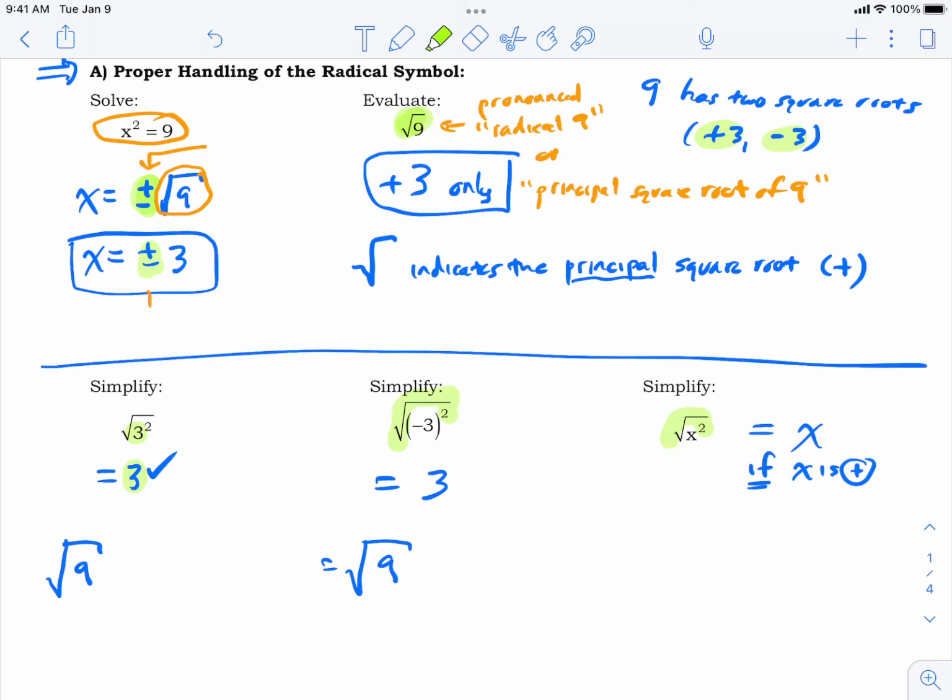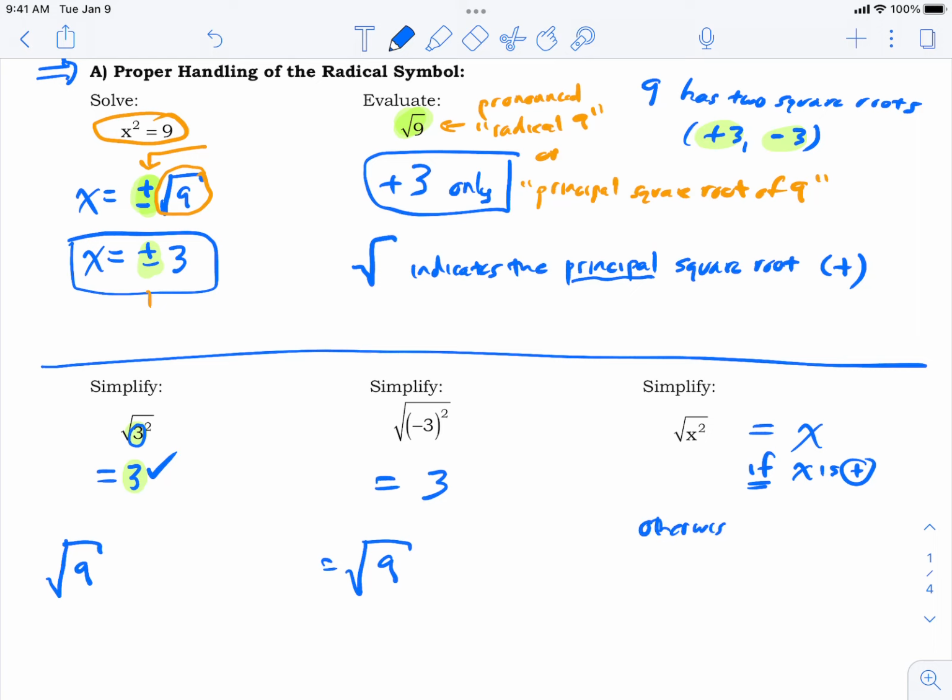So what are we supposed to make of this then? Well, like I was saying, if we happen to know for sure that x is positive, like a +3, then it works. So you'd have to say that if x is positive, then it works. Well, what if it isn't?